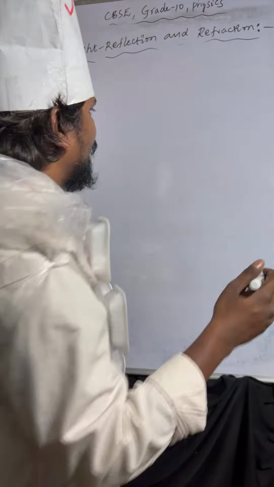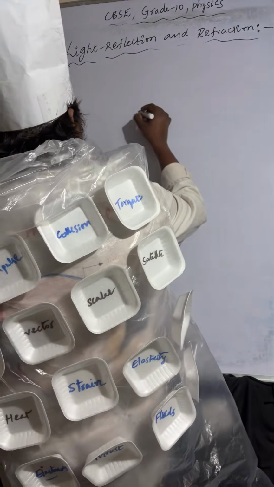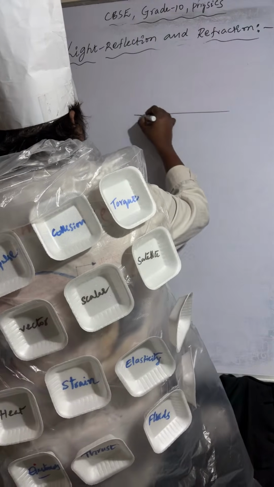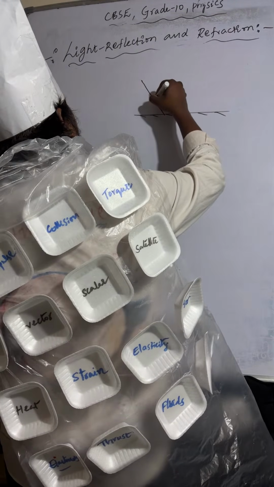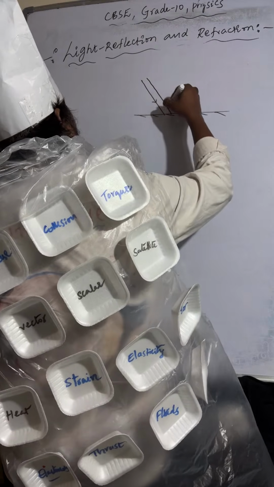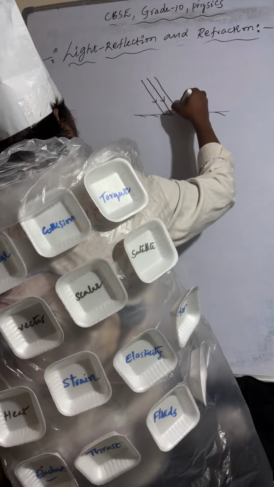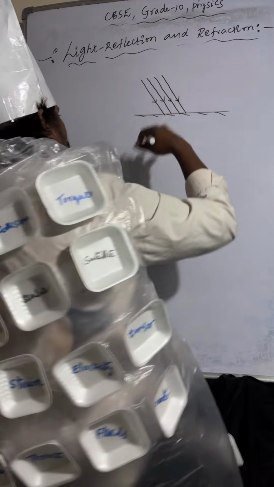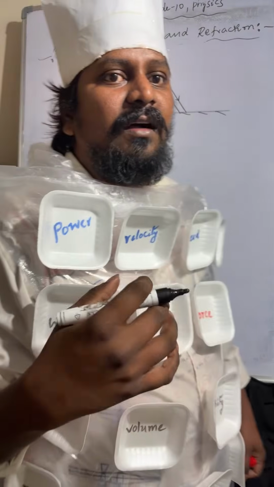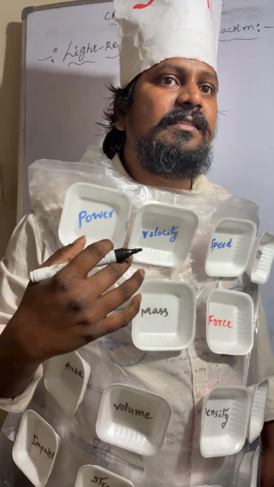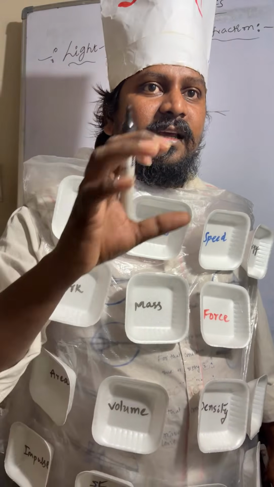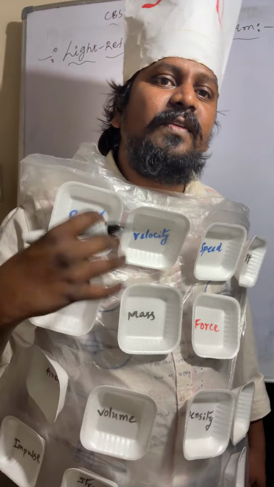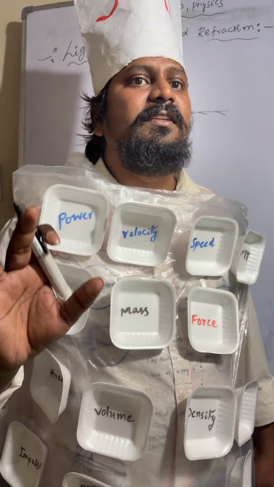Regular reflection takes place on a smooth surface. These are incident light rays, parallel to each other.